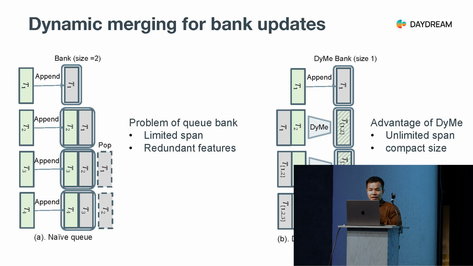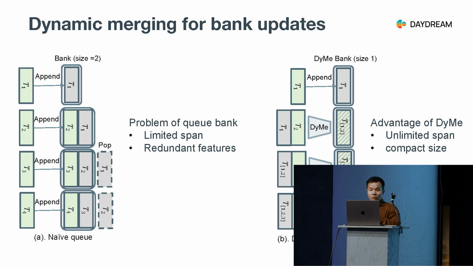The basic idea is, when the first frame comes in, we append the features into the bank. When the second frame comes in, we do a merging. We only keep the unique information as much as possible while keeping a very compact size. So for T1 and T2, we merge them together and get this T12. And so on and so forth for the third and fourth frame.